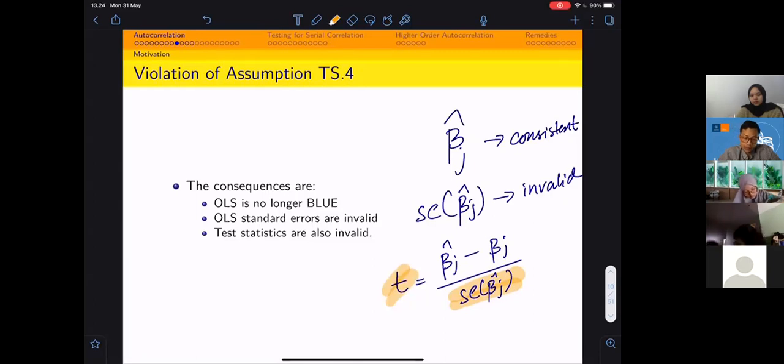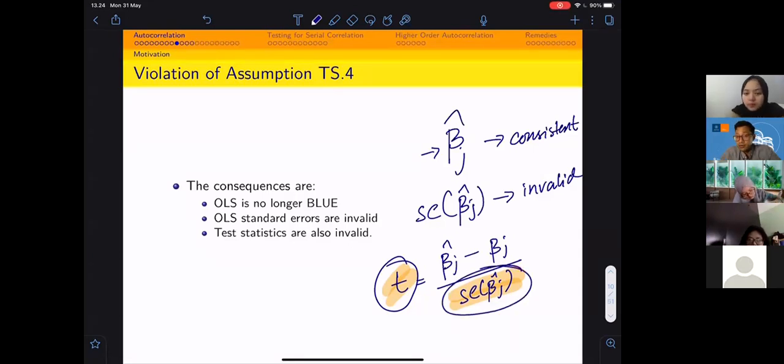Basically, if you have serial correlation, although your beta hat J is going to be consistent, your t-test, your f-test, your chi-square test is going to be invalid. Why? Because your denominator, in this particular case the standard error of beta hat J, is going to be invalid. Okay, so that's the main consequence.